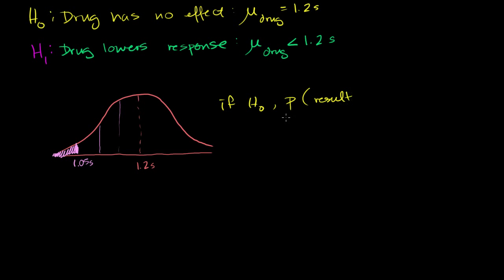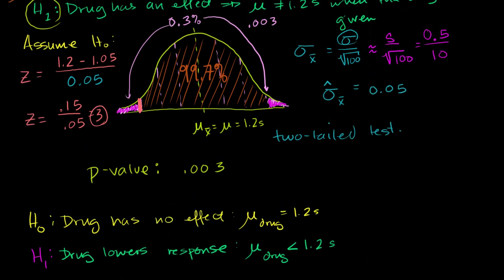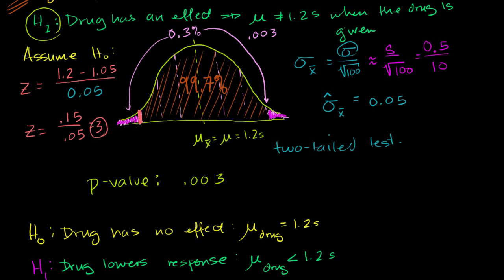So now we care about the probability of a result lower than 1.05 seconds. That's the same thing as getting a sample from the sampling distribution that's more than 3 standard deviations below the mean. In this case, we're only going to consider the area in this one tail. So this is a one-tailed test, where we only care about one direction below the mean. We saw last time that both of these areas combined are 0.3%.